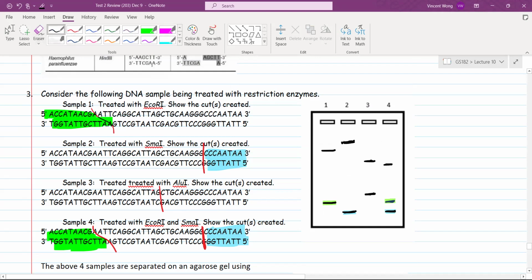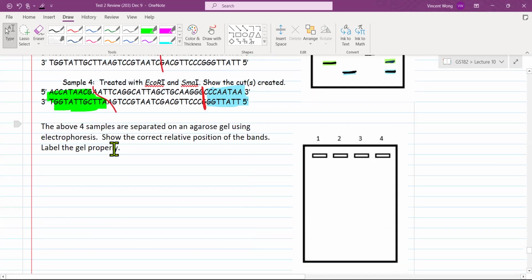Okay, doesn't really matter. Okay. That's how you put the results on a gel. Okay. Moving on.